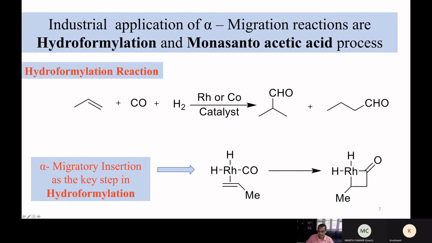Now I hope the alpha migratory insertion, which would be happening over here, the hydride will transfer at the alpha position, and the reductive elimination, you can say that as a reductive elimination as well, is going to happen in this position to give you the corresponding aldehyde.